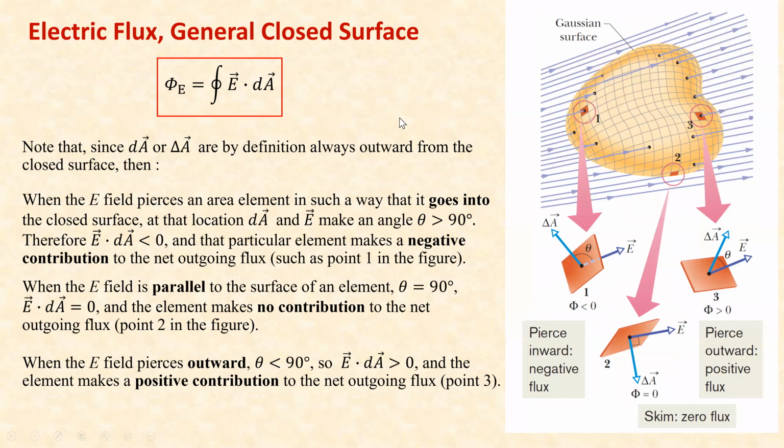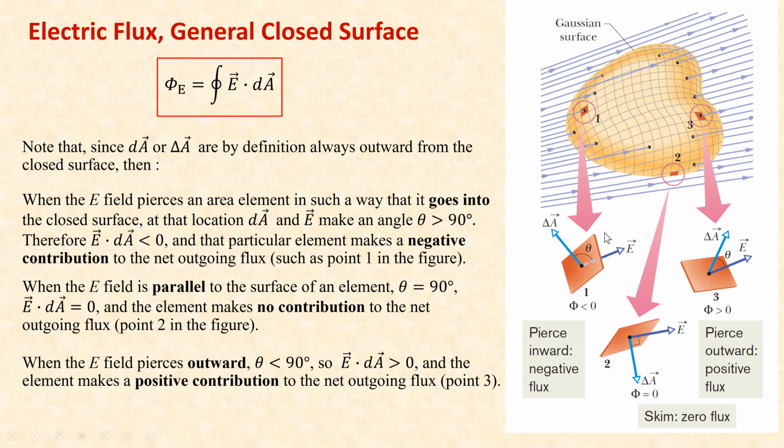And then we said that if we have a non-uniform electric field but continuous and a non-flat or curved surface, especially closed surface, we define the flux out of the surface as integral E dot dA, where dA at any point is the little area vector on each one of these pieces, and it is directed outward from the closed surface.